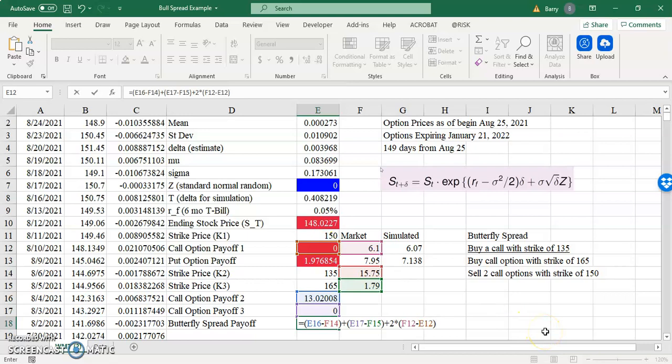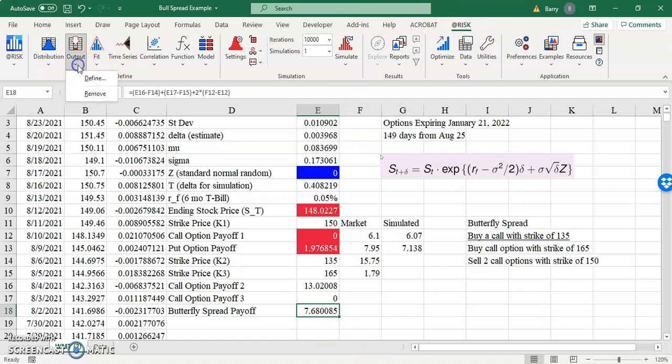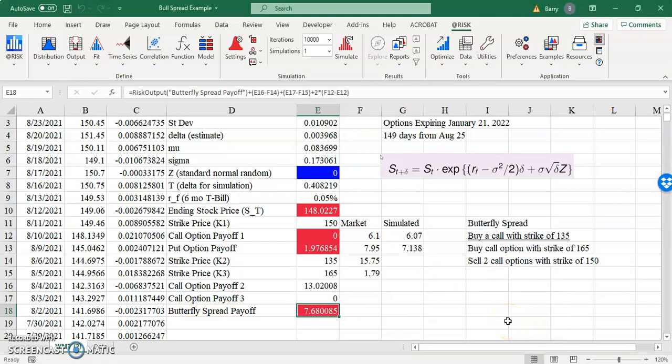So it's the opposite type of payoff of the options that we're purchasing. So butterfly spread payoff will be an output. So we'll go ahead and simulate this butterfly spread payoff.